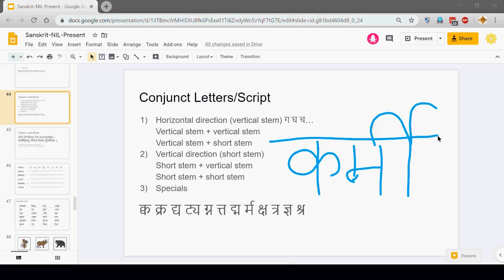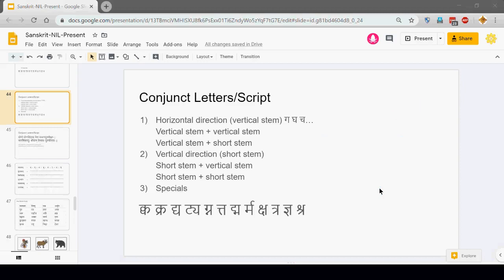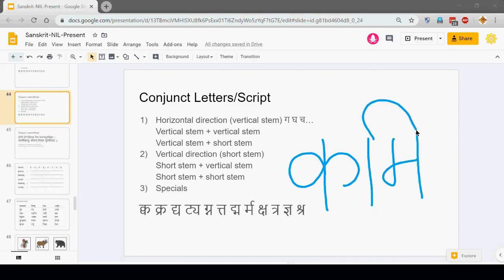But note that again we go from top to bottom here also. The ra consonant part is on the top. So ra, kar, and then the ma, and whatever vowel part is there is always pronounced at the end. Karmi. After finishing all the consonant parts, then we pronounce the vowel part. Even if it is a short E sound, karmi. The short E is written like this, then the consonant part. While pronouncing, again we pronounce all the consonant part as if there is no vowel, and then pronounce the vowel part.